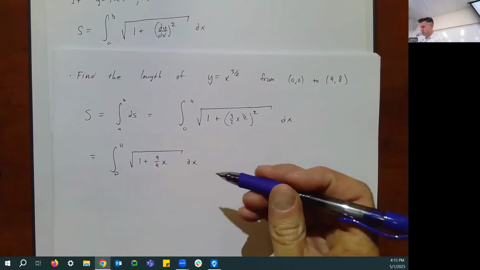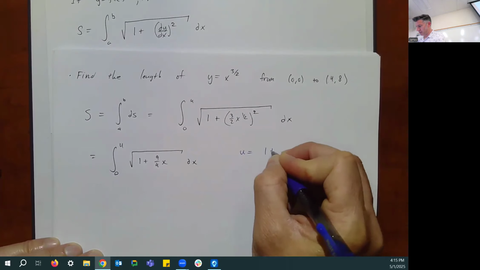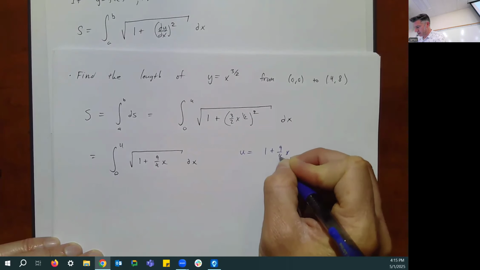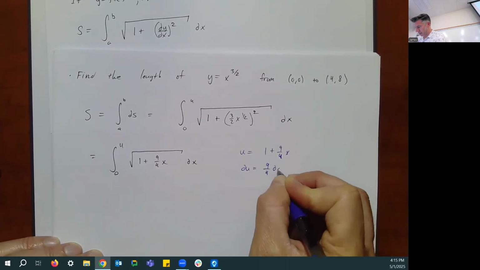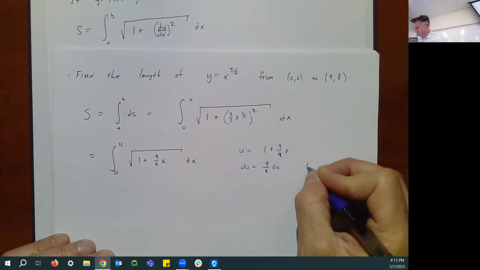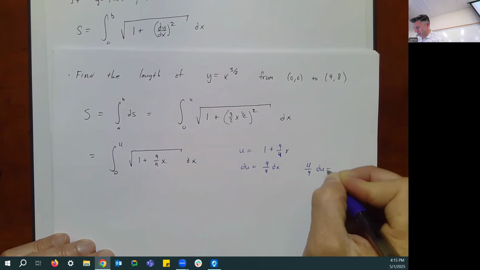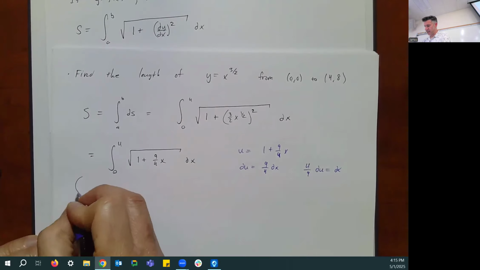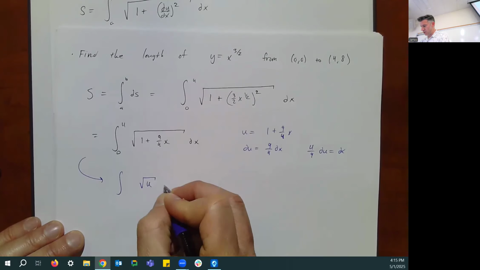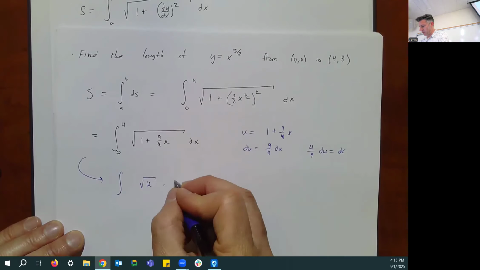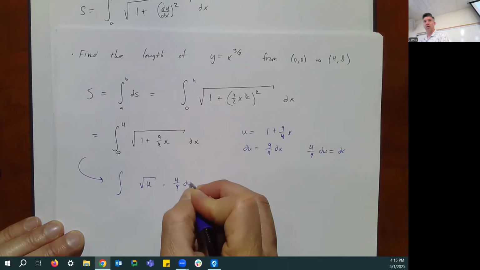We could do a u sub here. We could let u equal 1 plus 9/4 x. My du is going to be 9/4 times dx, or 4/9 times du is going to equal dx. So I can rewrite this as the integral of the square root of u times 4/9 du.